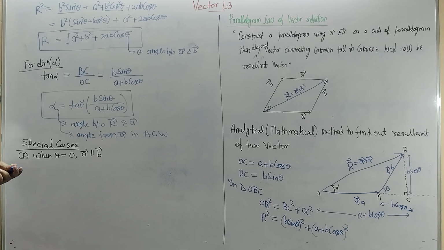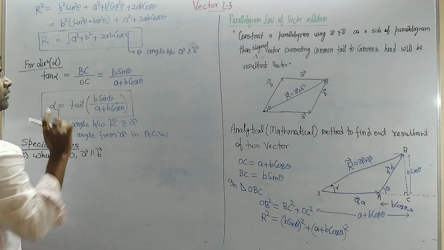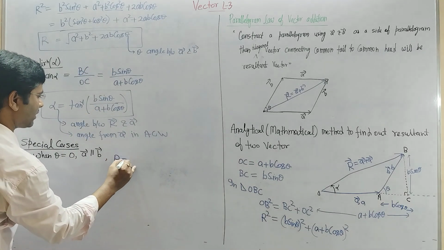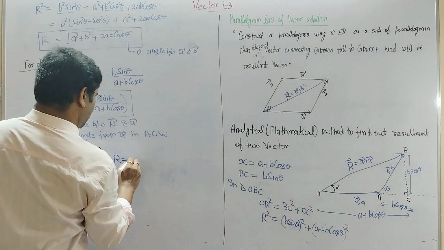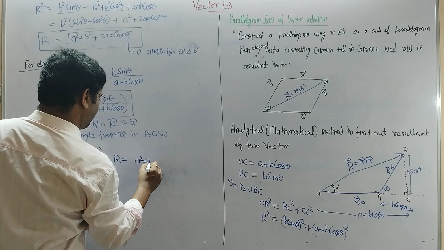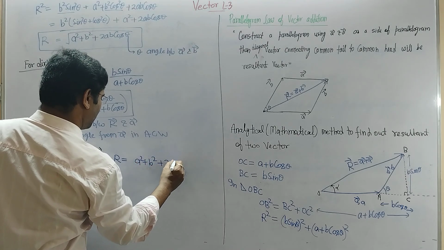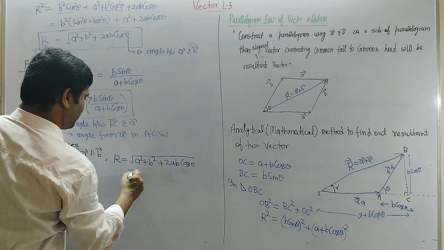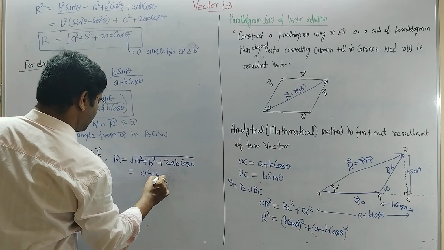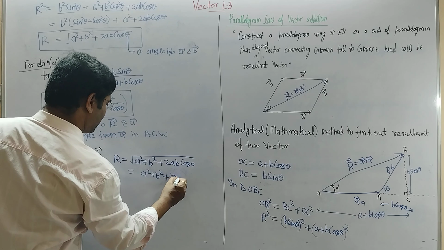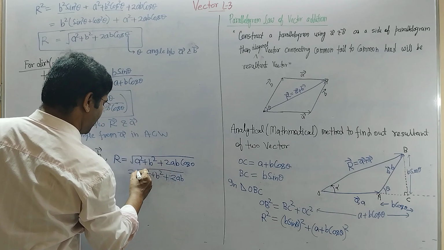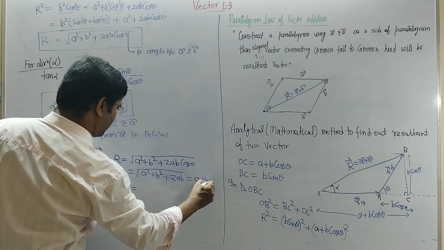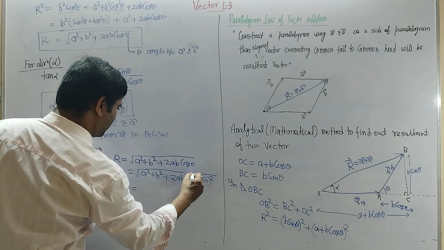If I put cos 0, this will be 1, then it will convert into the square root of A square plus B square plus 2AB cos 0, and this value will be A square plus B square plus 2AB, and this will convert into the square root of A plus B whole square.